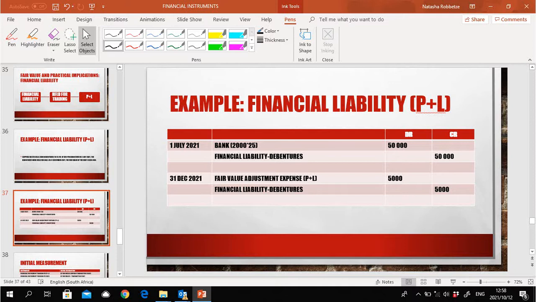So through profit or loss, it's a fair value adjustment expense or income. Through OCI, it's market to market, but with financial liabilities, you can never have fair value through OCI. The only option with financial liabilities is fair value through profit or loss. However, it can go through OCI if it's a financial asset valuation.